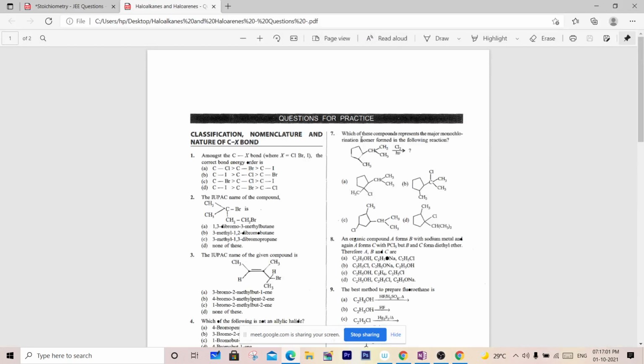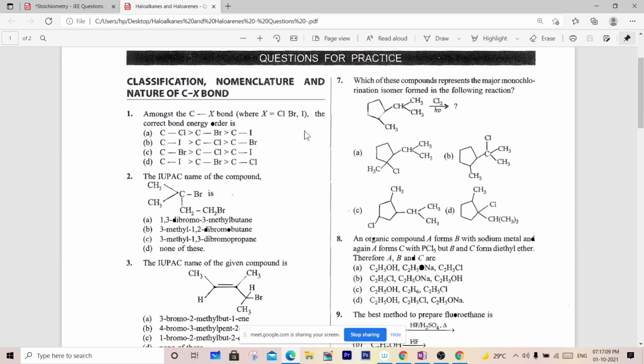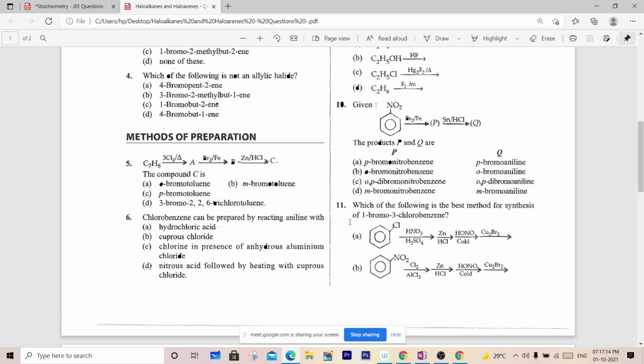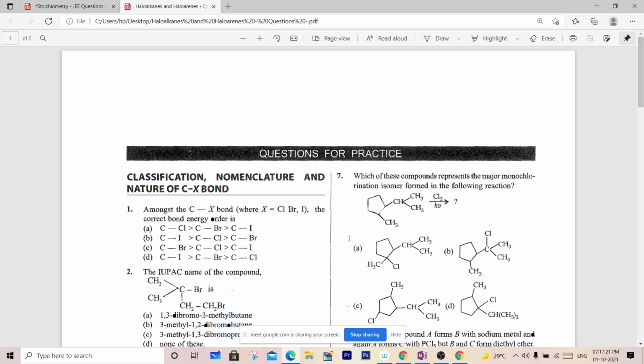Let me open this one now. Okay, this is the question practice assignment that we have been given. Now start with this question. How many questions are there? Let me check. Okay, fine. Let us focus on question number 1.